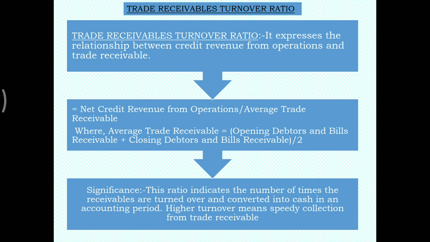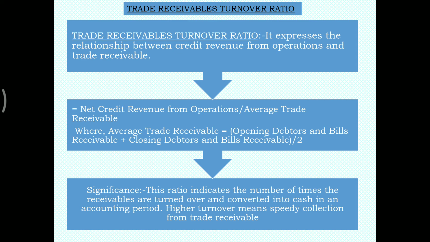In other words, you can say credit sales, net credit sales. But you have to use in the formula credit revenue from operation. You cannot write credit sales because it has changed. You are studying Companies Act 2013, and in that you will have to present in this manner.